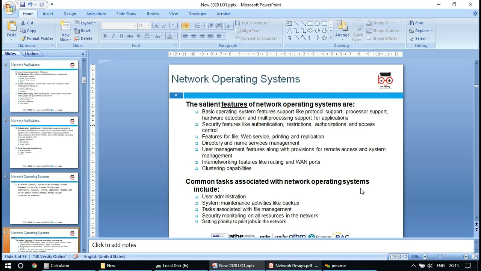As well as user administration, system maintenance activities, tasks associated with file management, security monitoring on all resources in the network, and setting priority to print jobs in the network. Even these additional salient features are characteristics of the network operating system.